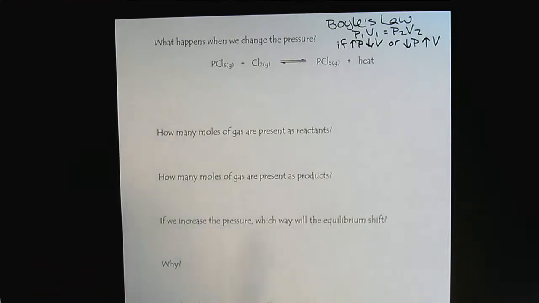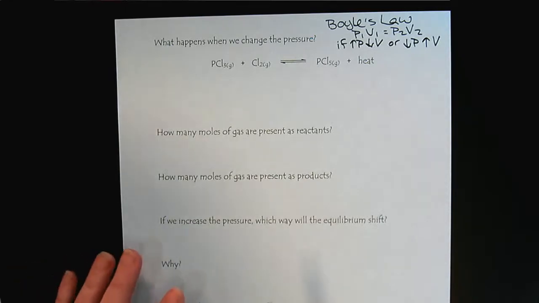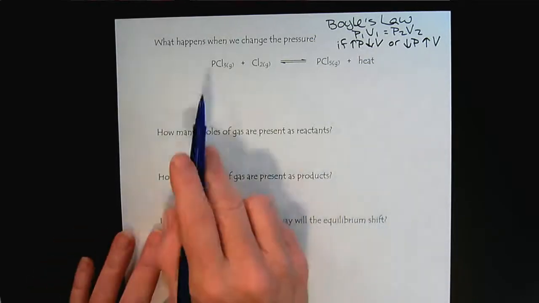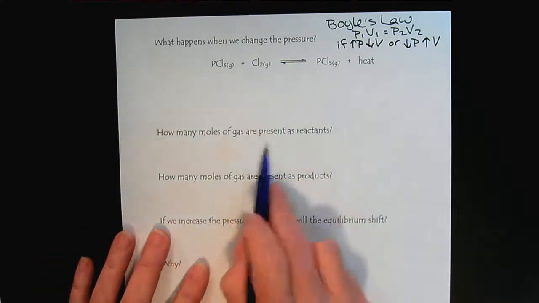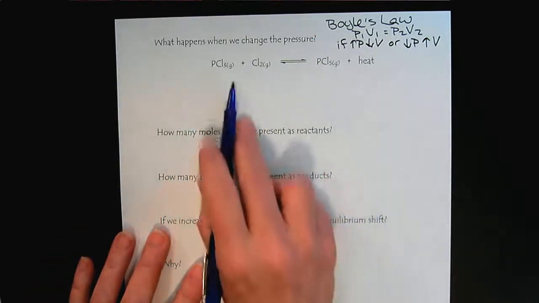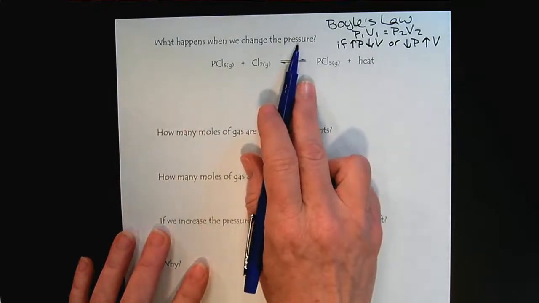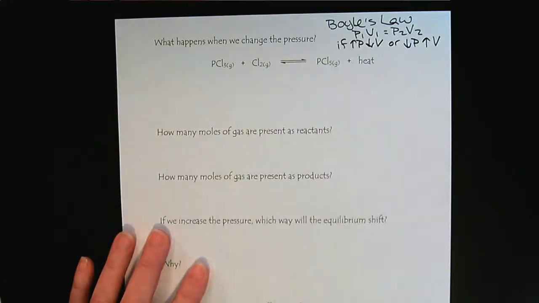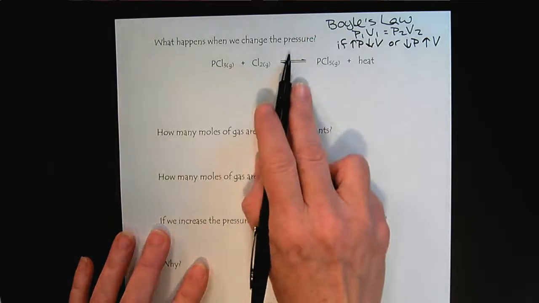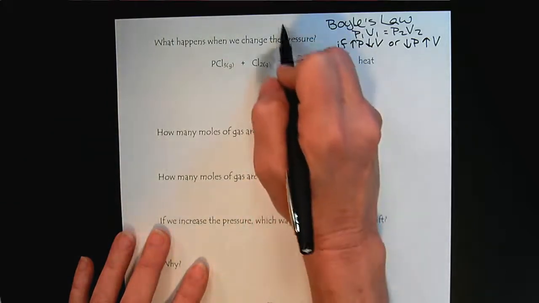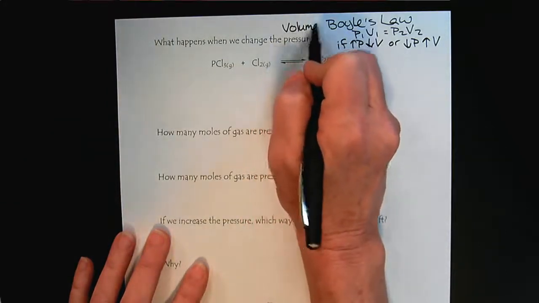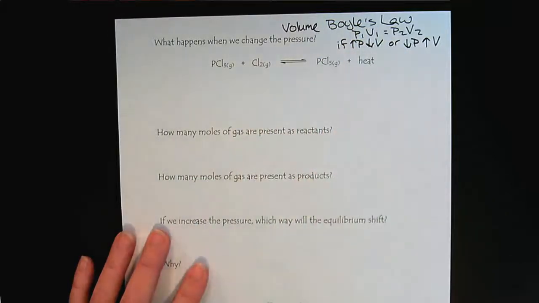Now, in figuring out how to teach this to students, I learned a Bennetism that I would like to teach you. And so we want to look at our reaction whenever we are going to be asked about pressure or volume. So that's one key point. We'll talk about the pressure change, but it could also be volume because they're linked by Boyle's law.